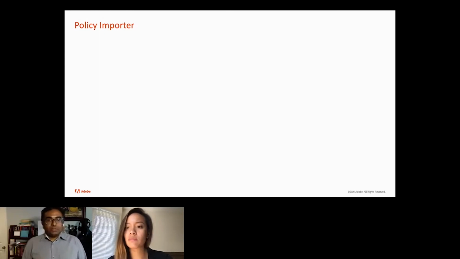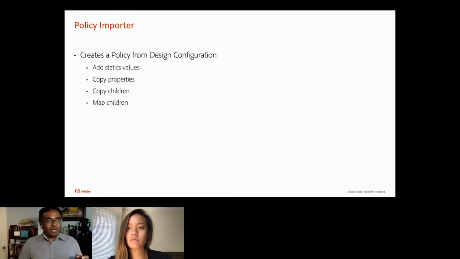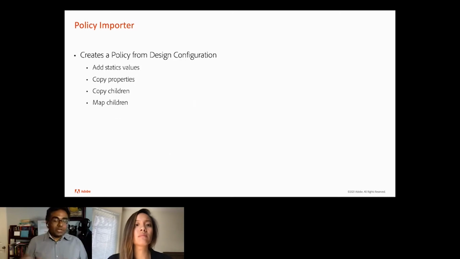Even though it basically converts these designs into policies, the only difference apart from component conversion is that it doesn't do it in place. It will convert and keep it in the conf location where the regular policies are going to be available, right?